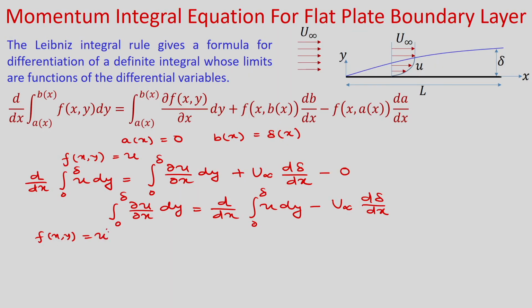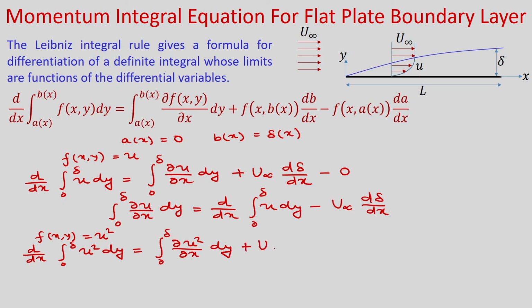So, next the function we will consider f(x,y) equal to u square, and we will use this Leibniz rule of integration. So, if f(x,y) is equal to u square, similarly we can write d/dx of the integral from 0 to delta of u square dy is equal to the integral from 0 to delta of ∂u²/∂x dy. Now, here you can see that this is u square, but at y equal to delta it is u infinity.